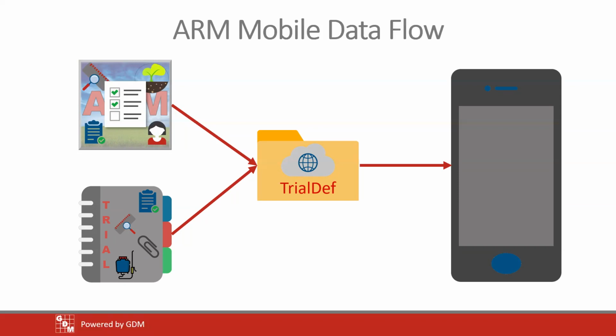So when those pictures get downloaded back onto your desktop computer, then the photo comes with, and it'll actually rename the photo itself. So that image file gets renamed with like your trial ID, plot number, treatment number. So that way it's ready and it's kind of already cataloged for you.